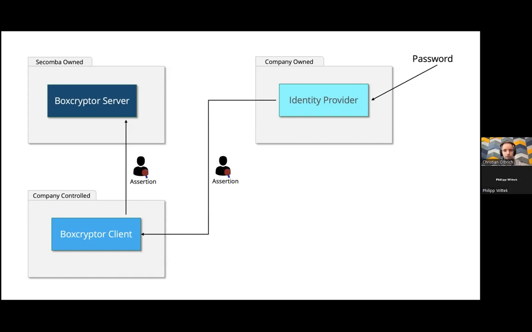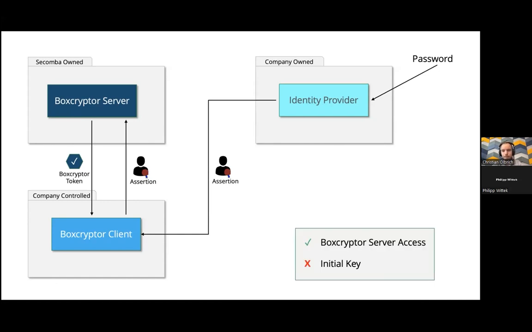The Boxcryptor server would note that the assertion is signed by the identity provider and that the user is who he says he is, and would return the Boxcryptor token. So we would have Boxcryptor server access, but now we're missing the initial key, the one that we usually create from the password.